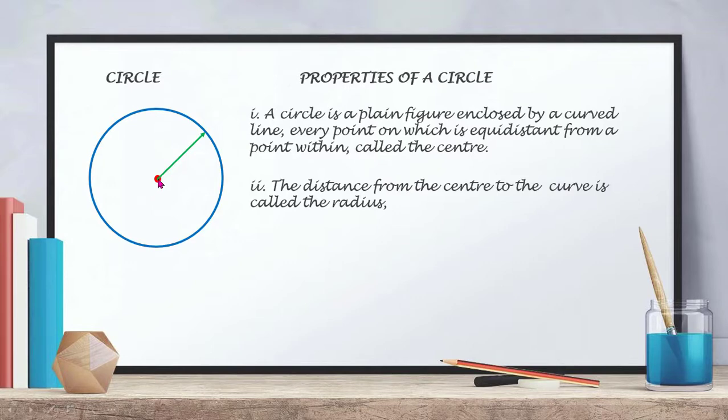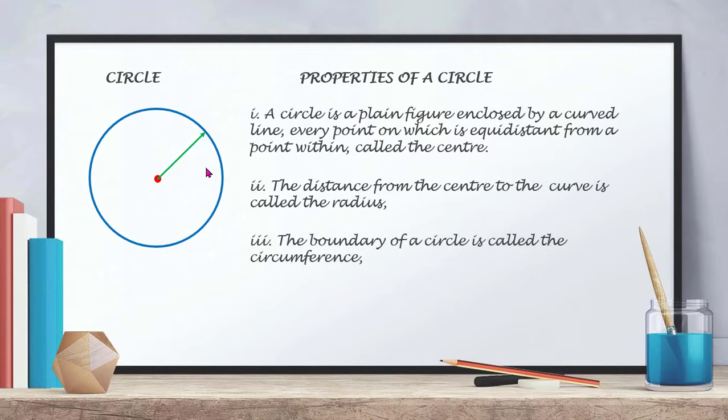Its distance is from the center to the curve there, and we call this green line the radius. Property number 3. The boundary of a circle is called the circumference. So this boundary here is what we refer to as the circumference.